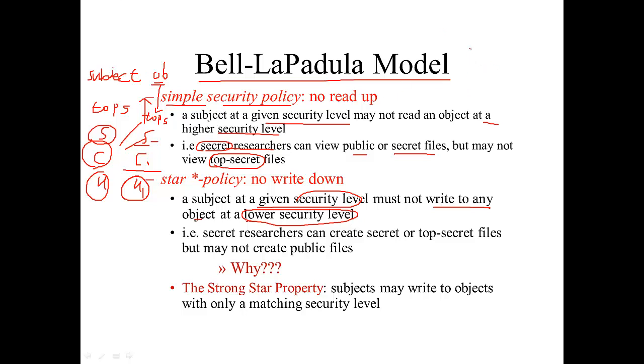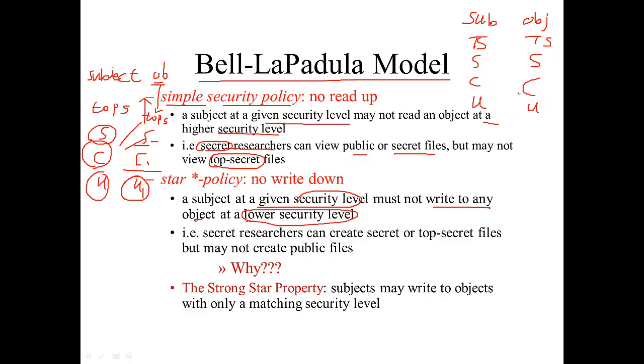You have subjects, okay? Then you have objects. So you have subjects at top secret level, secret level, confidential level, and unclassified level. For the objects, you also have top secret level, secret level, confidential level, and unclassified level.